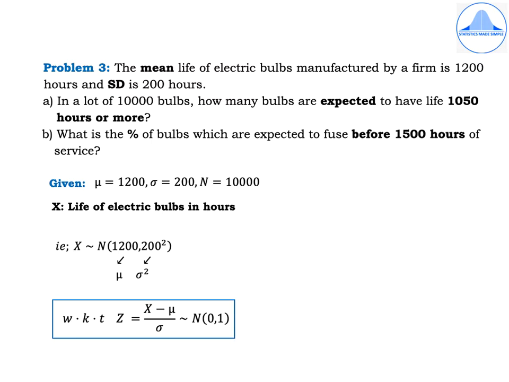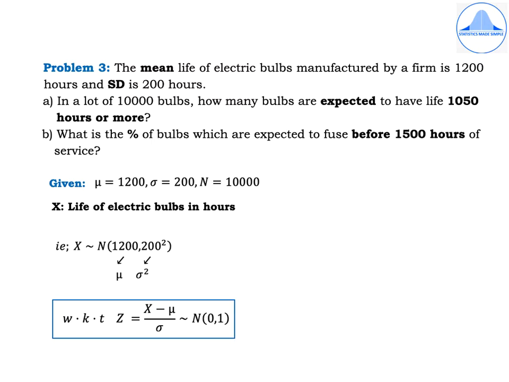So write "given", the parameters mu and sigma. So mu is the mean, that is 1200. Sigma is the standard deviation, which is equal to 200. And they have said in a lot of 10,000 bulbs, that means capital N is the lot size, which is 10,000. Next, define the normal variate capital X as life of electric bulbs in hours.